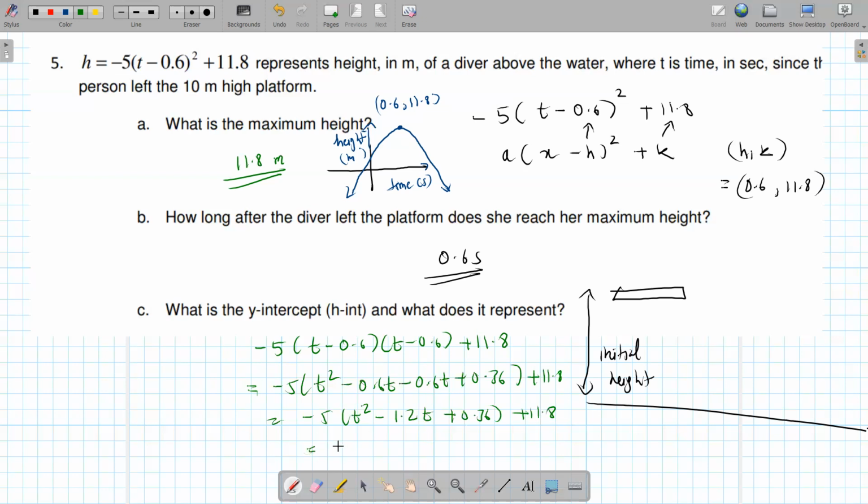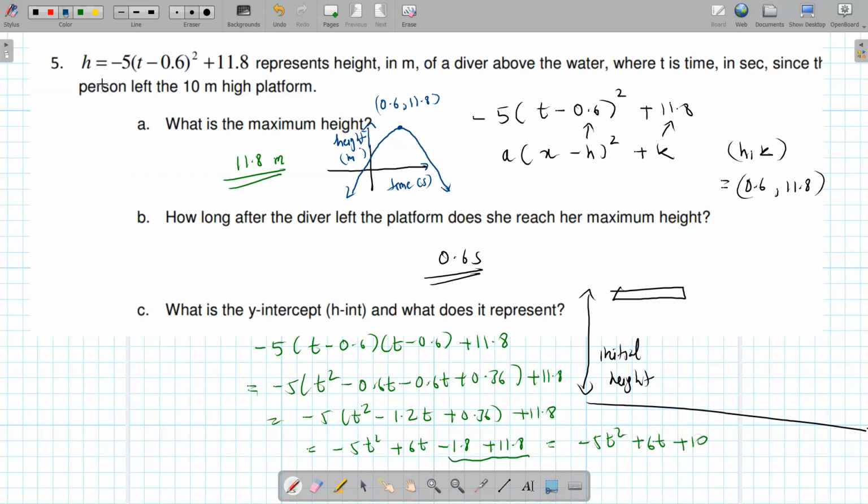Now you want to open the brackets, you get minus 5t squared plus 6t. And what is plus 0.36 times -5? That is minus 1.8 plus 11.8, like that. And then finally, we just want to group up these numbers. So we get minus 5t squared plus 6t plus 10.